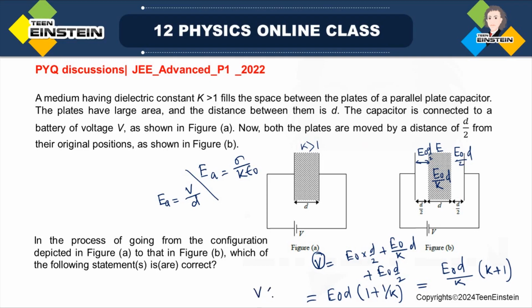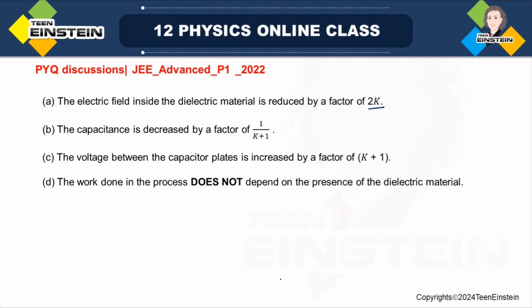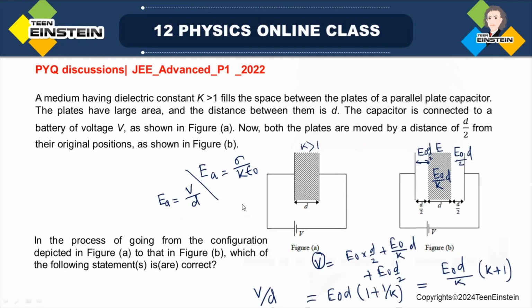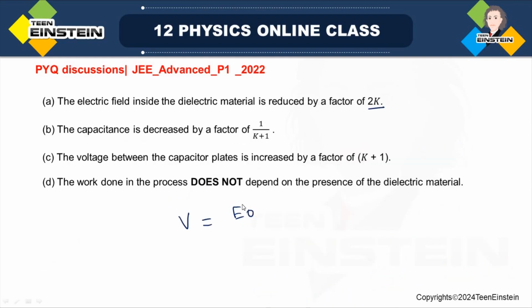See, now let me just go to the next page. So I have got, so far, V is equal to E0 into d by k, whole into 1 plus k, right?